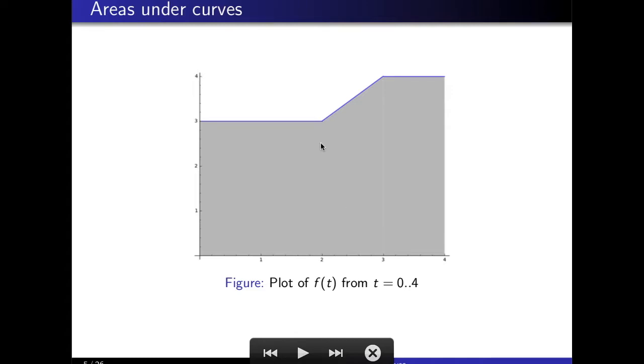In between 2 and 3 we have a trapezoid, so we'd have two bases, a base of 3 and a base of 4. And then the height of our trapezoid is going to be 1, the difference between 2 and 3. So we'd come up with the area there. And then our third region is another rectangle, so we could find the area for that region, add each of these three up, and that'll give us the total area in the gray shaded region.